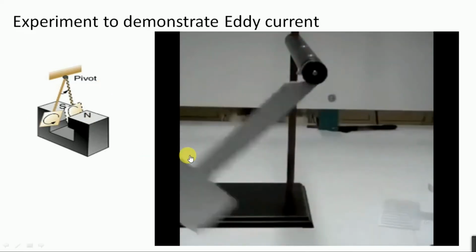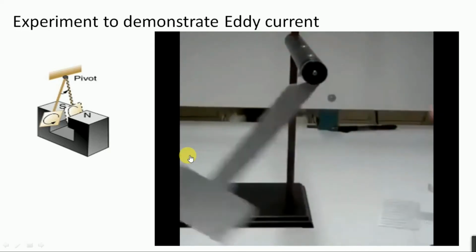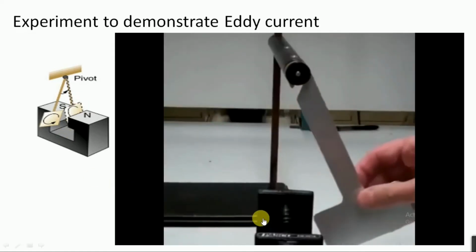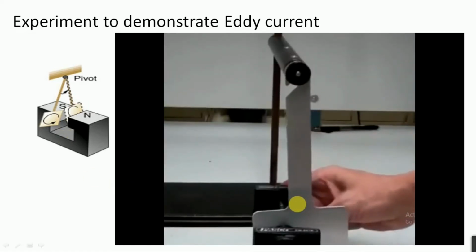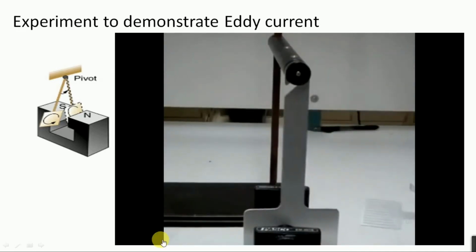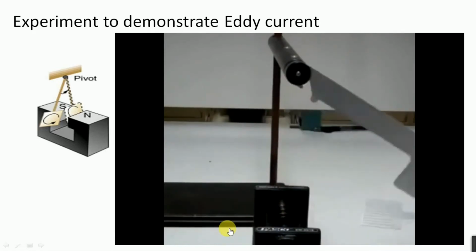So this is the pendulum made out of aluminium and it is oscillating freely. Now in the next video we'll oscillate the same pendulum in a magnetic field. So this is a magnet and this is the same pendulum. Now when we oscillate this, due to the eddy current it cannot cross the magnet and it immediately comes to rest due to the eddy current produced in the aluminium plate.